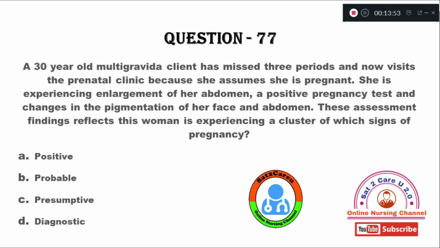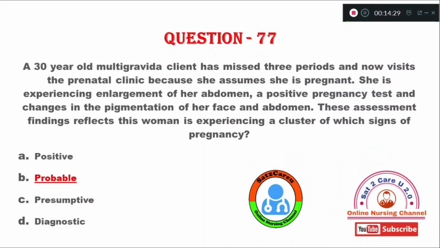These assessment findings reflect which type of signs of pregnancy? Option A, positive signs of pregnancy. Option B, probable signs of pregnancy. Option C, presumptive signs of pregnancy. Option D, diagnostic signs of pregnancy. The right answer is option B. These are the signs and symptoms of probable pregnancy.